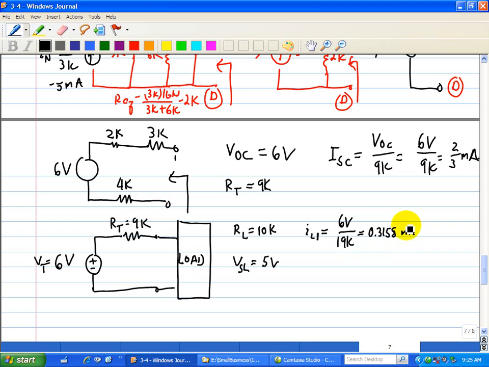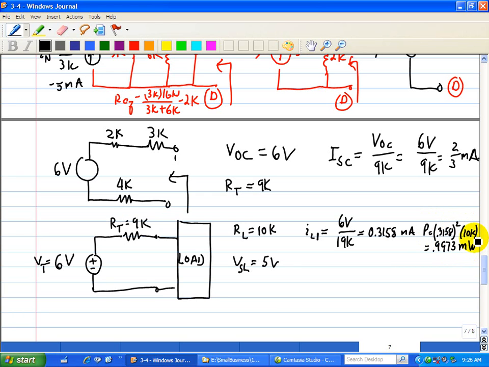And the power dissipated is just I squared R. So we square the current, 0.3158 squared times 10K, and that yields 0.9973 milliwatts.